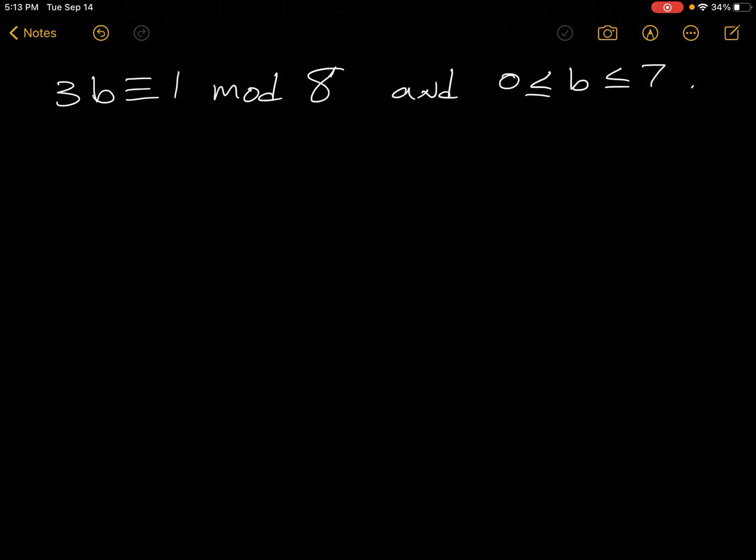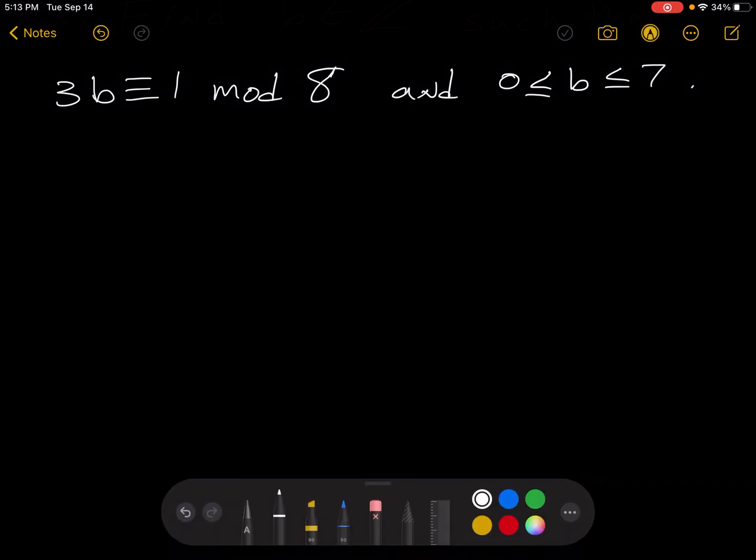So I would just make a table. We got b, 3b, 3b mod 8, and then a yes or no column: 3b congruent to 1 mod 8.